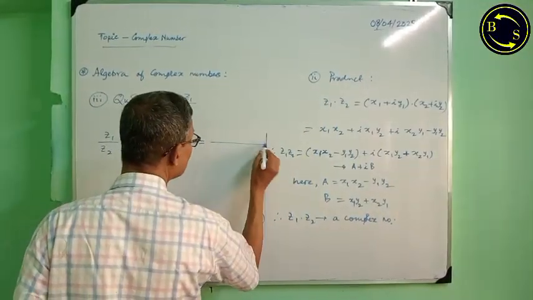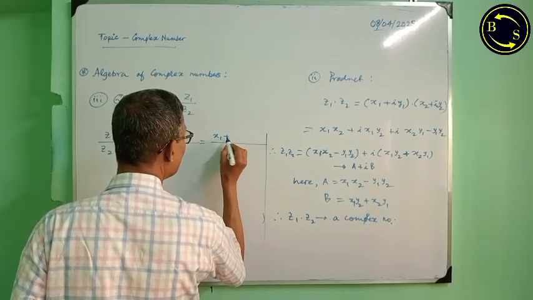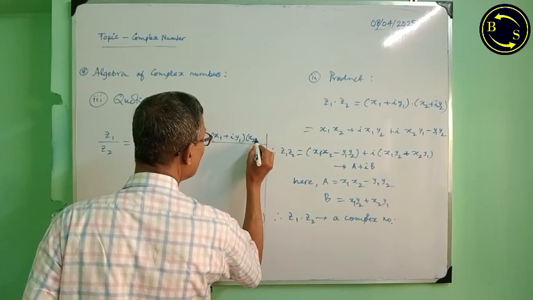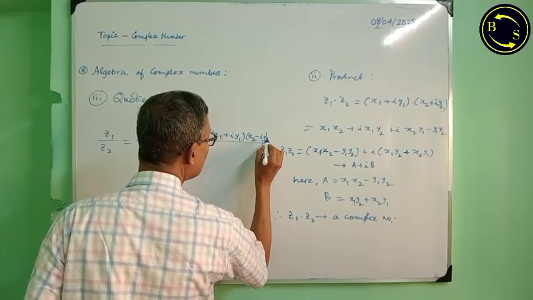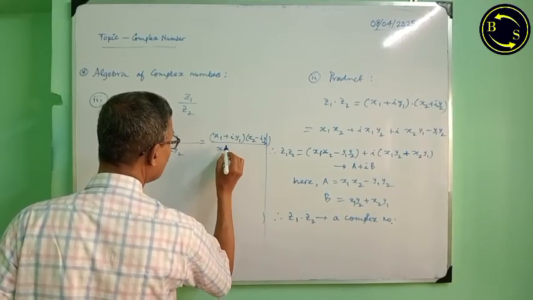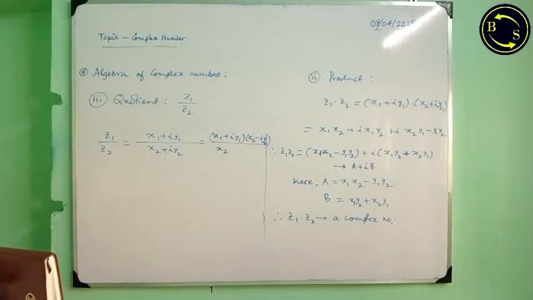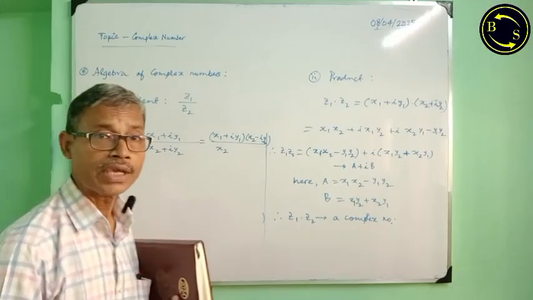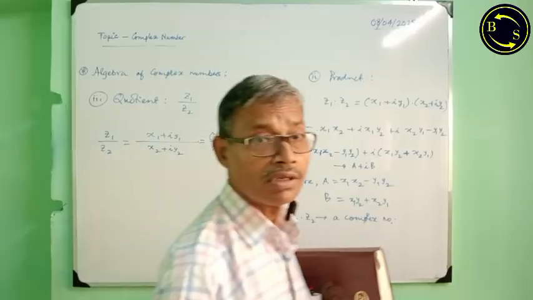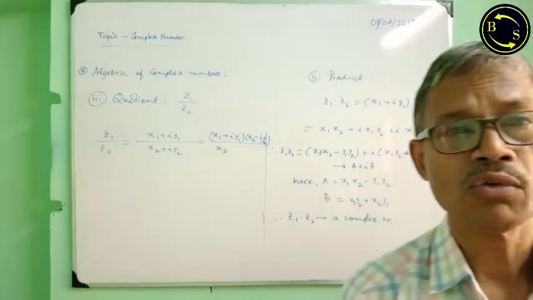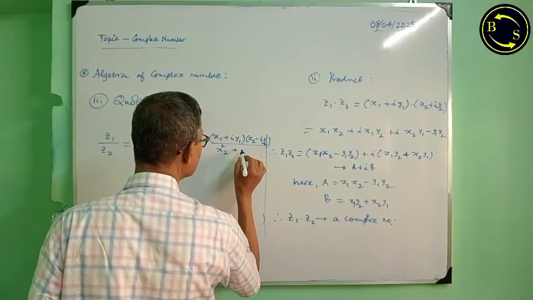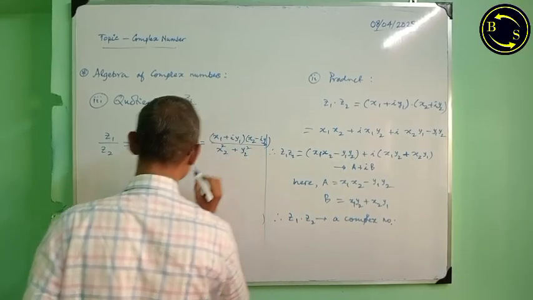I write that. If we multiply x2 plus iy2 by x2 minus iy2, after multiplication and putting i square equal to minus 1, it will be x2 square plus y2 square.